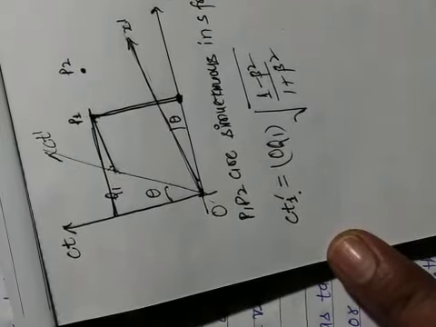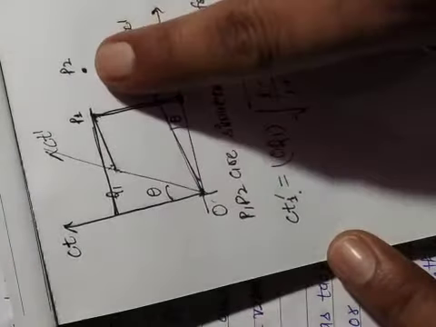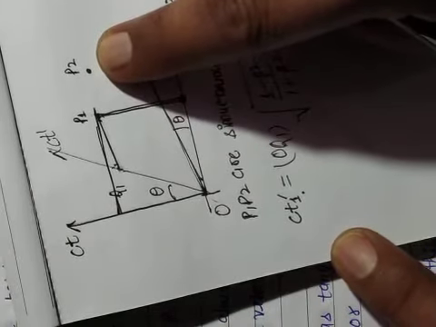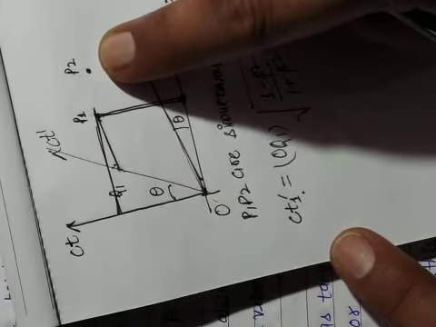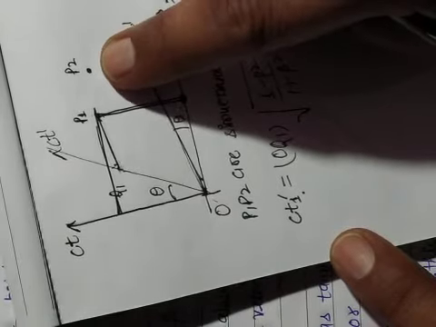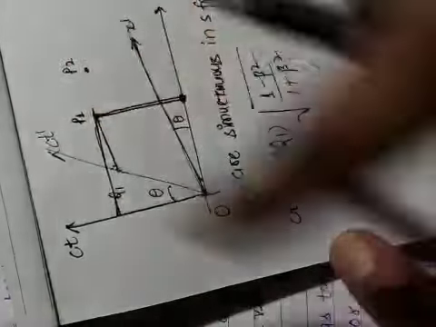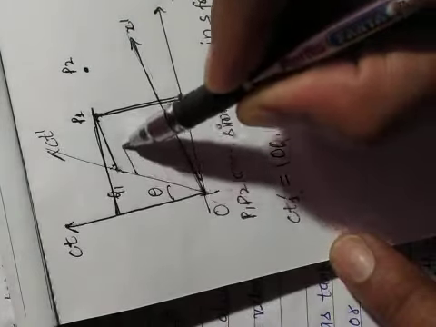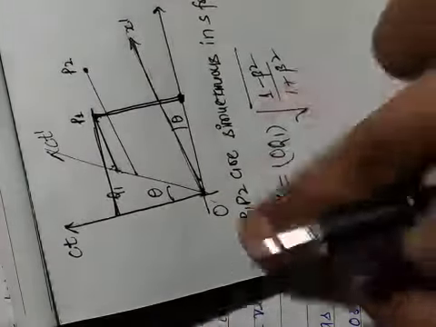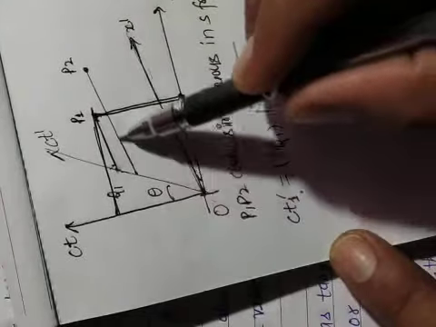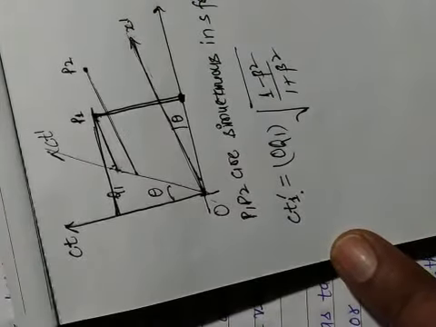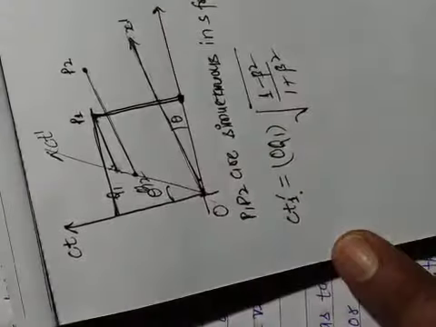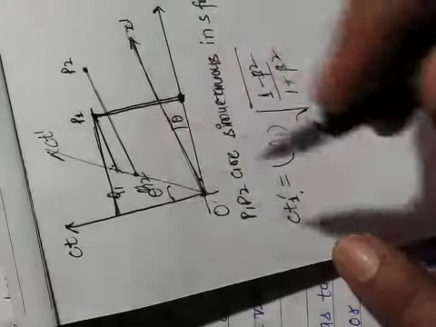Now I want to know the CT prime coordinate of the event which occurs at point P2. What is the coordinate of this point P2 in the S prime frame? The method is the same. Draw a line parallel to this X prime line, and say this point is Q2. Measure OQ2.